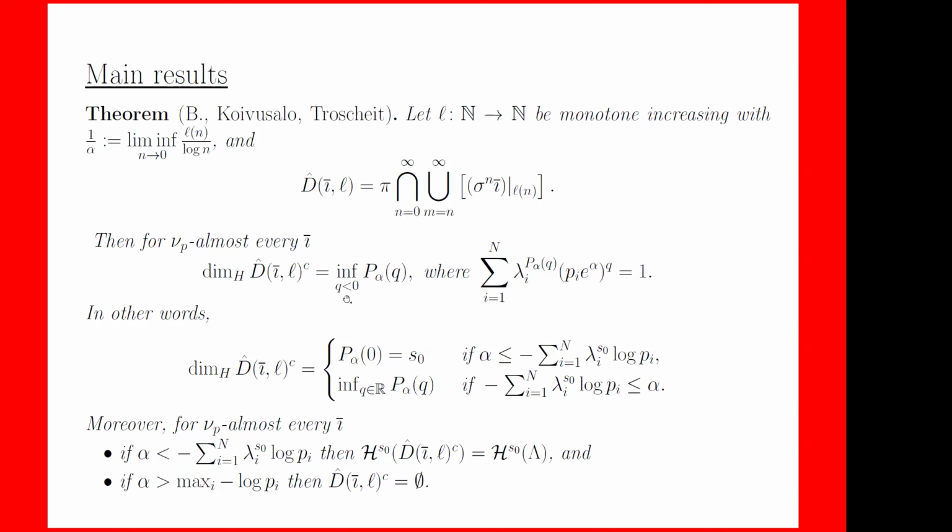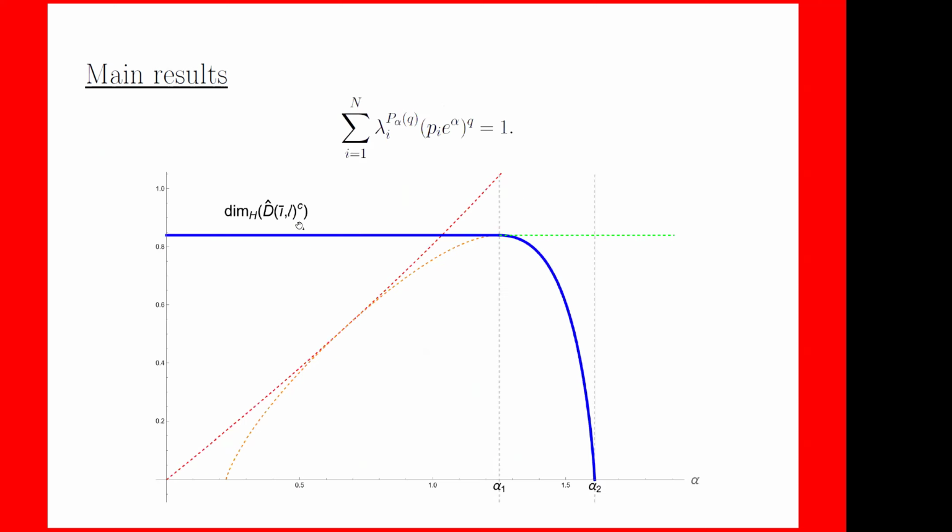Otherwise, your infimum over the negative guys is the infimum over the whole real line. And the same for the measure theoretic guys. So you follow the maximum until you reach alpha 1, then you follow the spectrum part, and then your set runs out. This guy, of course, does not necessarily go down to 0. It can stop somewhere here at some positive value.